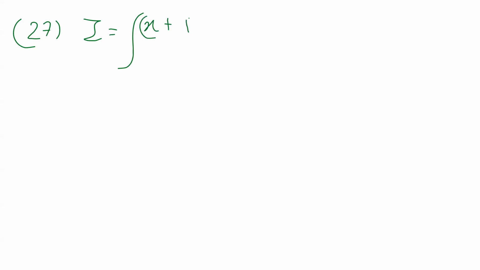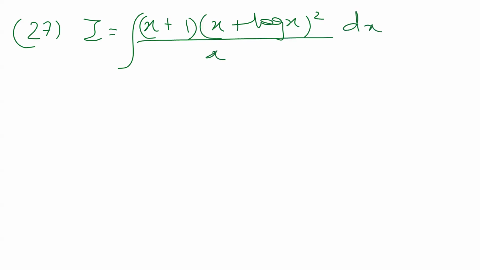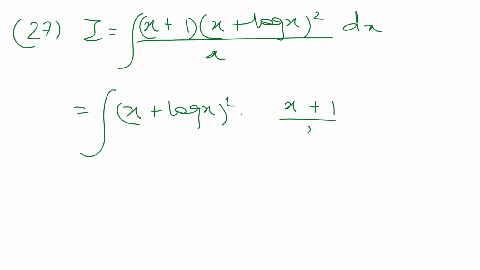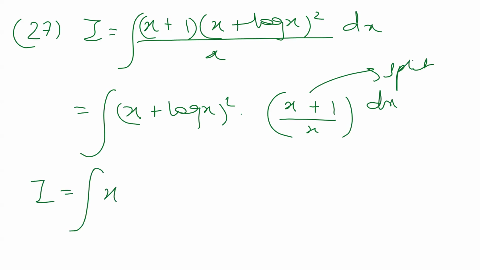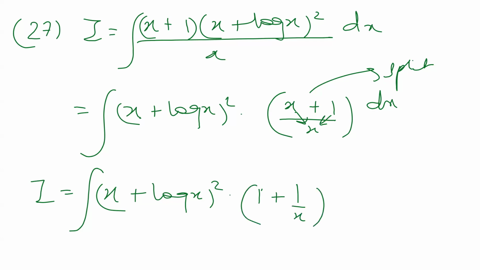Integration of x plus 1 into x plus log x the whole square upon x dx. So this can be written as x plus log x the whole square into x plus 1 upon x. Now here you can split x upon x, which is 1 plus 1 upon x.